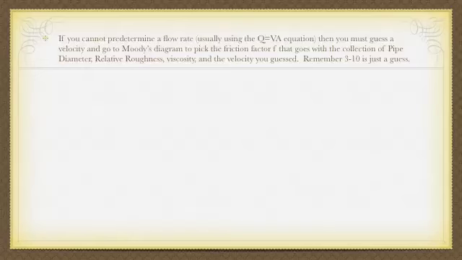And the friction factor, you will see looking at the Moody diagram, is a function of the pipe diameter, the relative roughness, the viscosity, and the velocity, which in fact you have to guess. And remember, 3 to 10 feet per second is a guess to start. It is our normal range of design flows, but very often you may be looking at flows faster or slower than that.